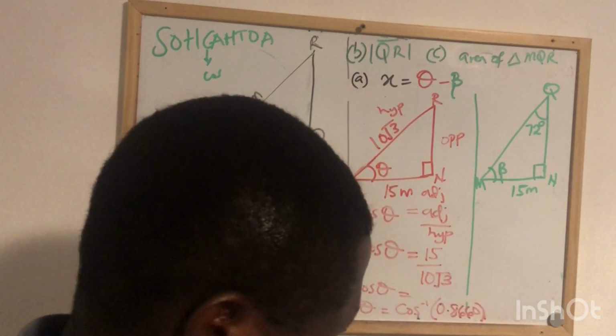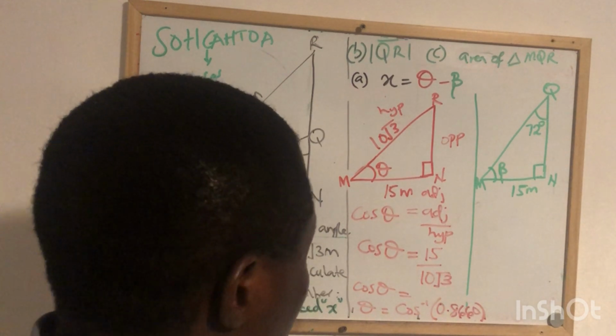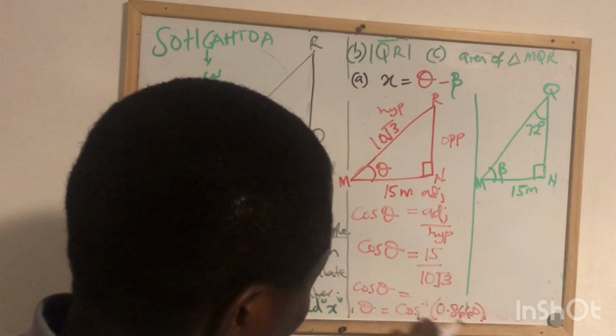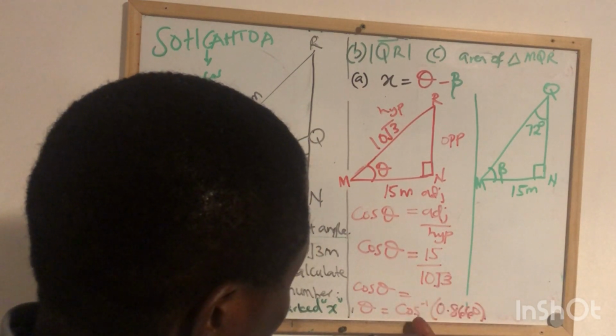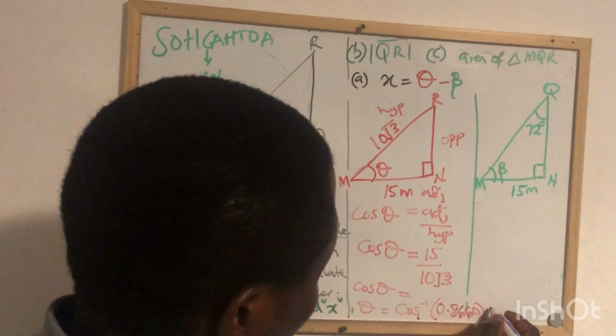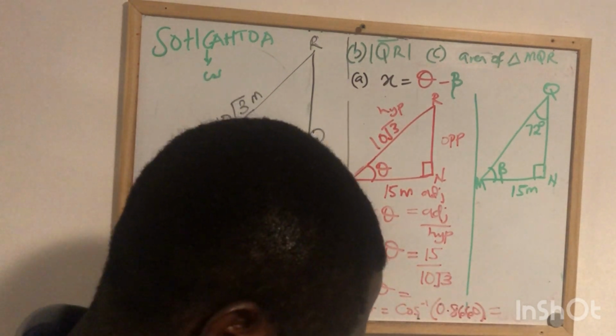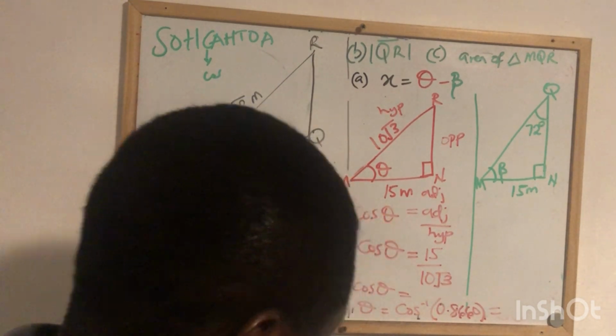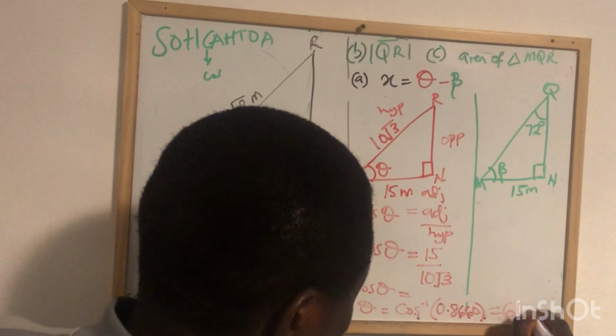This is the value of the division. So we find cos inverse of this, which is equal to what? It should give you 60 degrees, approximately 60 degrees.